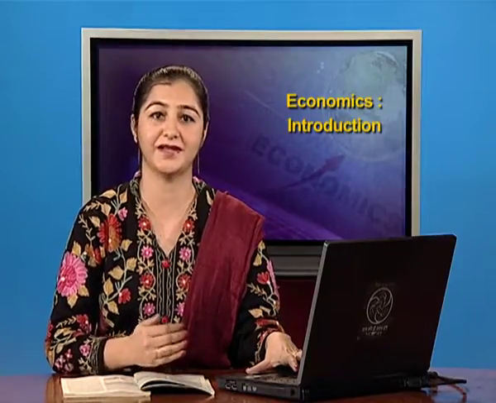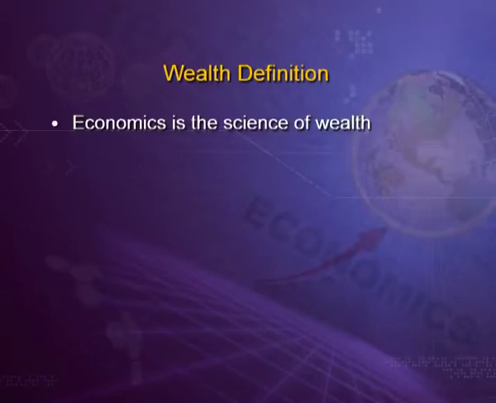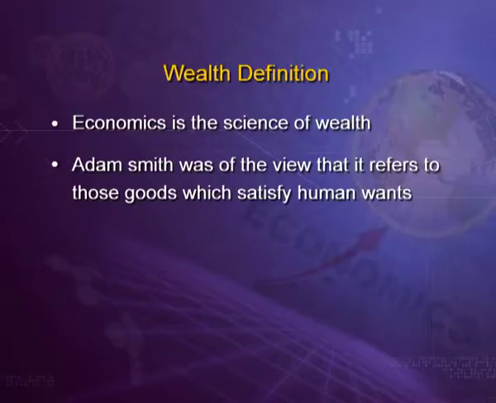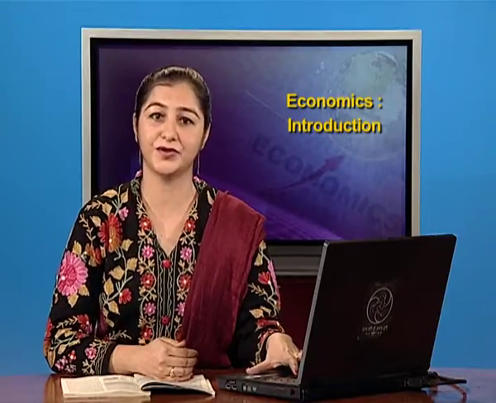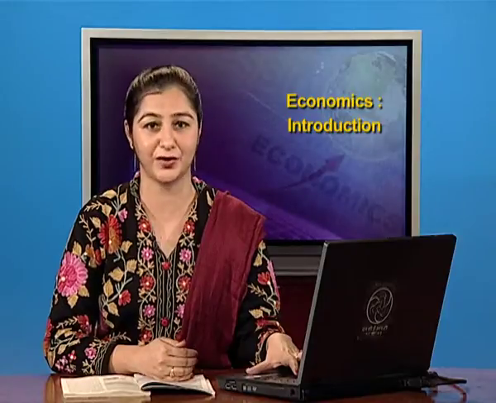The first one is the wealth definition. Economics is the science of wealth, and Adam Smith was of the view that wealth refers to those goods which satisfy human wants. It was given by Adam Smith, who is also known as the father of economics.